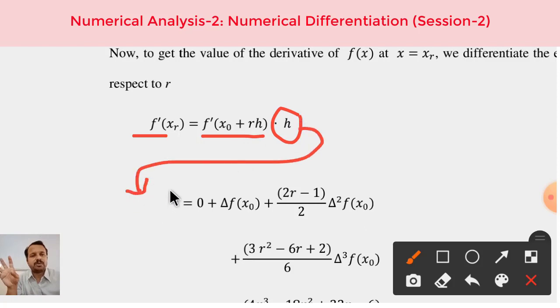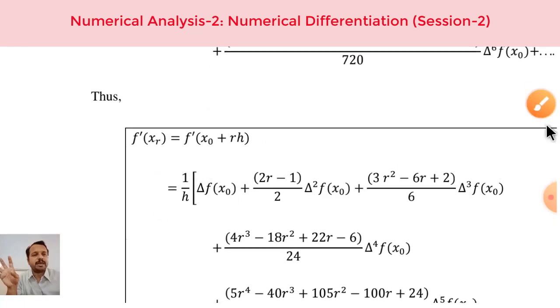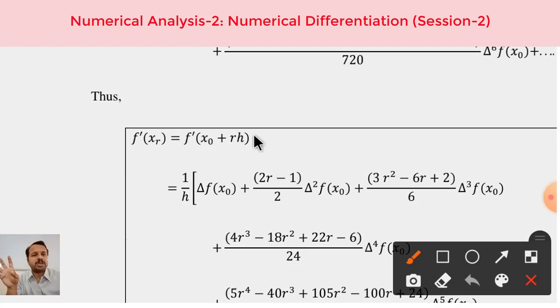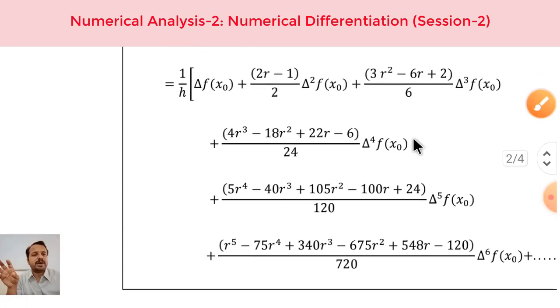If we take it to the right hand side, it becomes 1 by h. So that I have written over here, you please look at this. So this is 1 by h. h was here, and that h has been taken to this side, it has come to the denominator. So it is 1 by h multiplied by the entire thing which was there on the right hand side.